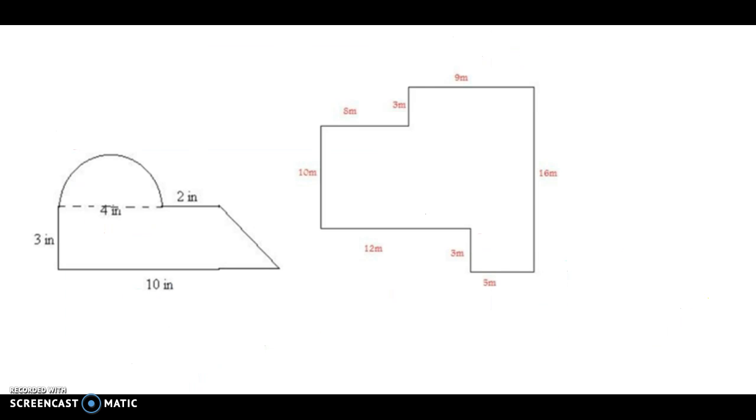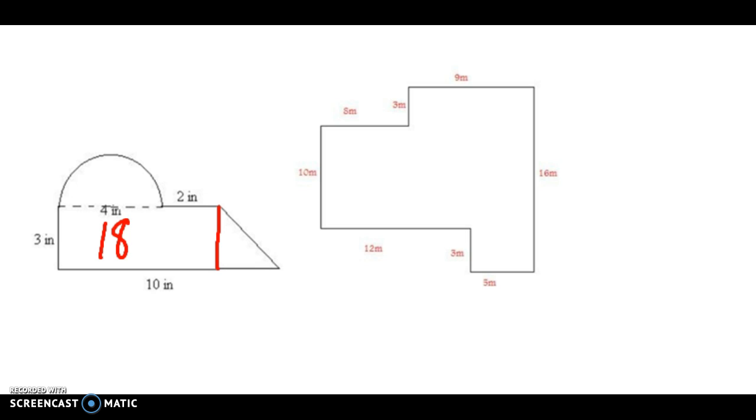All right, for this one, I'm going to cut here to make this rectangle, this semicircle, and this triangle. So I'm going to start with my rectangle. The rectangle is 4 inches plus 2 inches, which is 6 inches. 6 times 3 is 18.